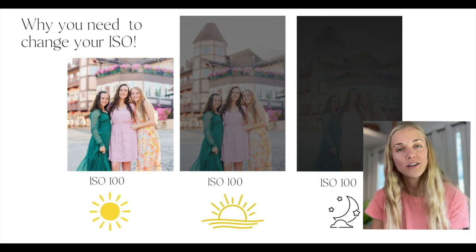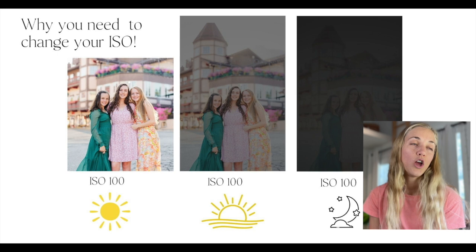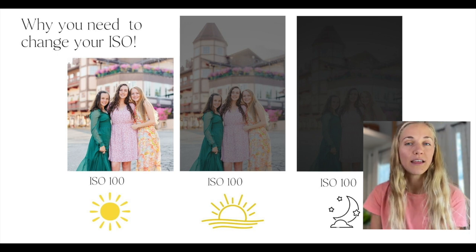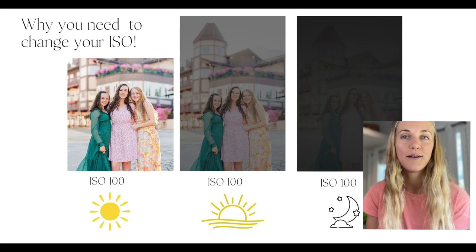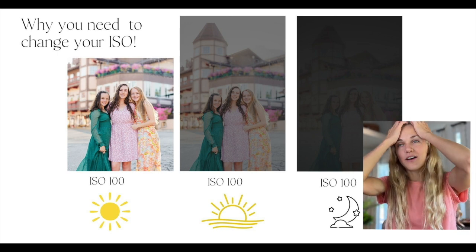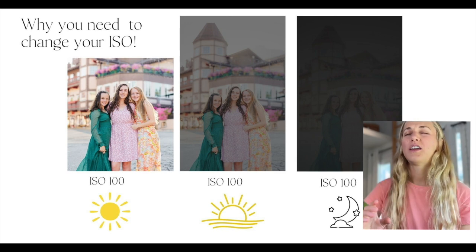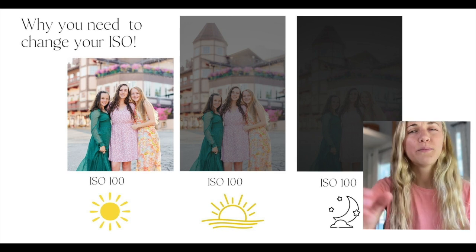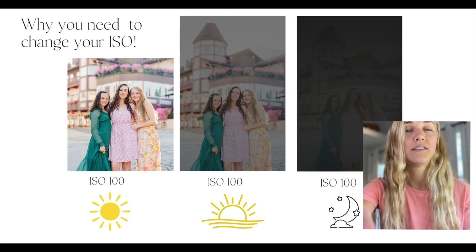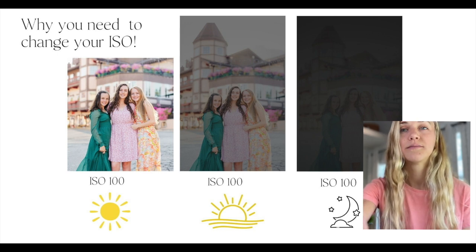Now, I could have changed this by jumping up to 32,000 or 64,000 ISO, and I could have taken that picture in the dark and it would have brightened it up. So that is pretty special with ISO. Generally, you want to be lower, but hey, if you're in the dark, go ahead and crank it up. It's pretty much your only option.